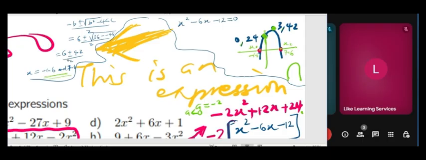So the full sketch will include the roots where the curve will pass the x-axis, the intercept 0, 24. Remember how we got the intercept from the original equation, the value of c. And then the turning point, which we got earlier, which is the vertex where x is equal to 3 and y equal to 42.